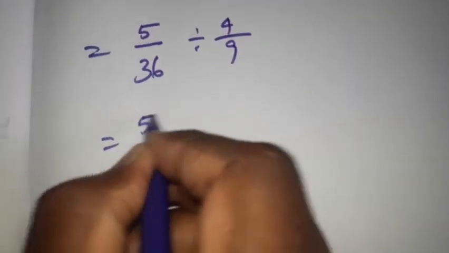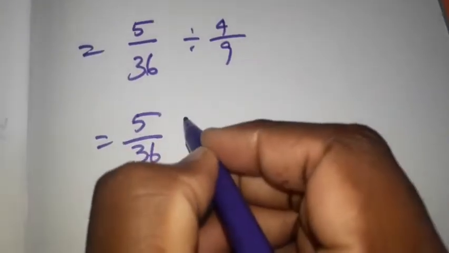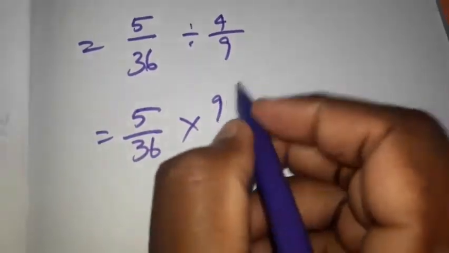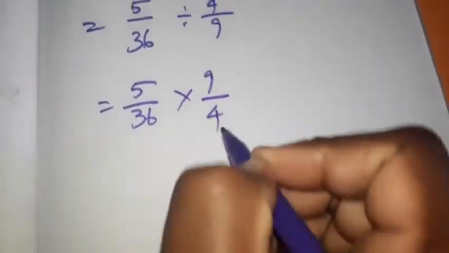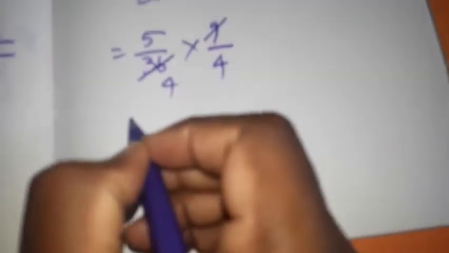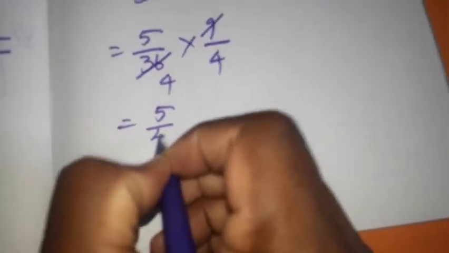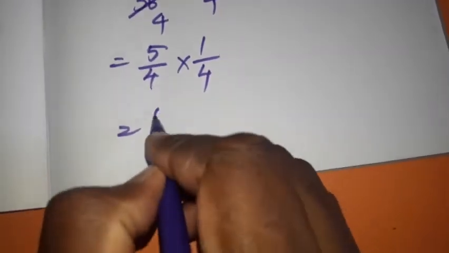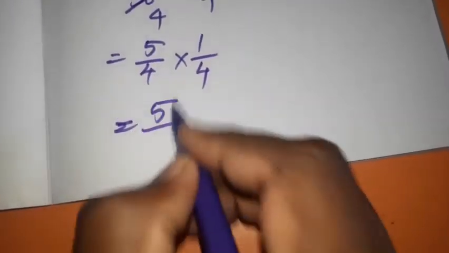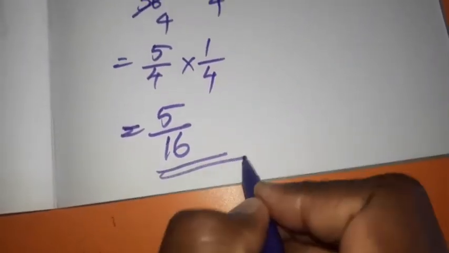Taking the reciprocal, it becomes multiplication, so 9 by 4. Now cancel: 4 9s are 36. Therefore we get 5 by 4 into 1 by 4. The final solution is 5 by 4 4s, which is 5 by 16. So this is the required solution.